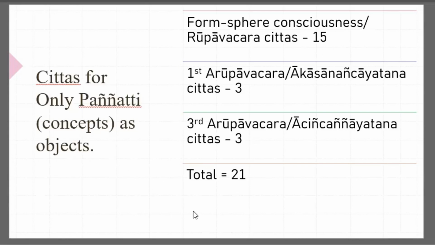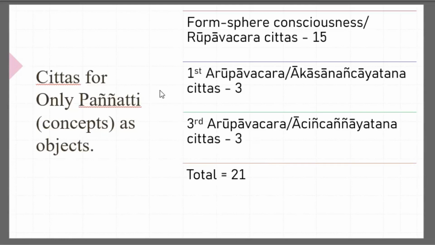We will learn what the conceptual objects are in detail when we learn meditation objects. Here just pay attention to Rūpāvacara Cittas. For example, when someone meditates on kasina, that's the kasina concept, the kasina object. Or when someone meditates on anapanasati, that's the concept of breathing in and out.